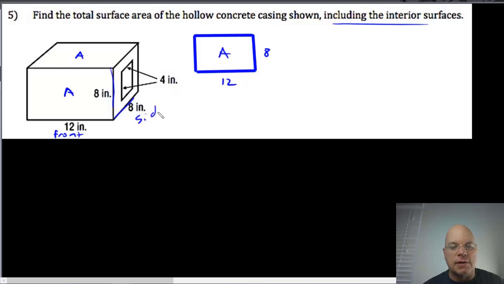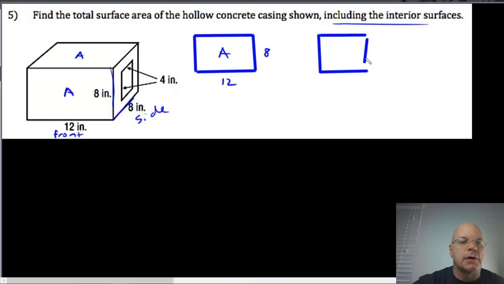If that's front, this is side. The side face looks like a square. It looks like an 8 by 8 inch square, but then there's a square cut out of it, which has dimensions 4 by 4 inches.